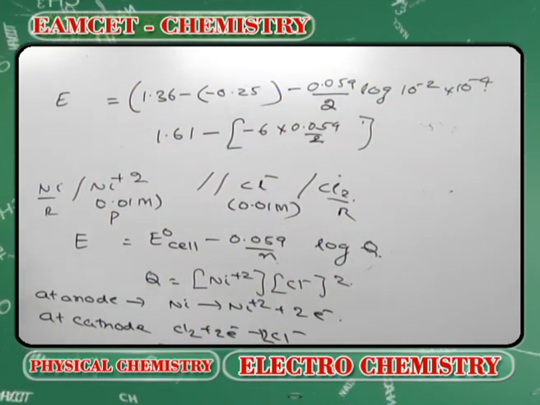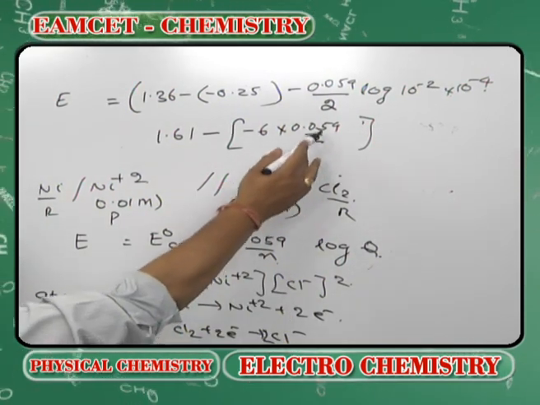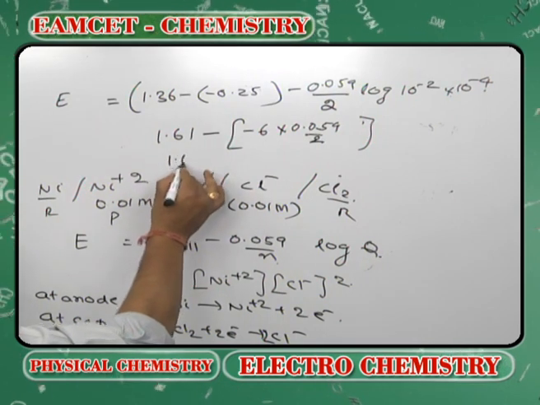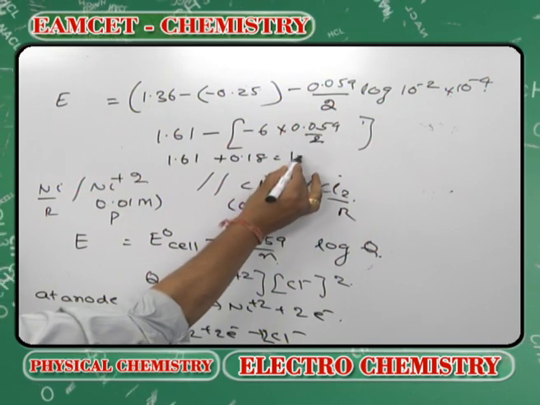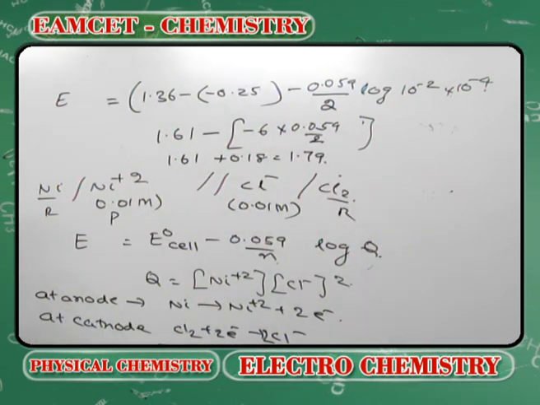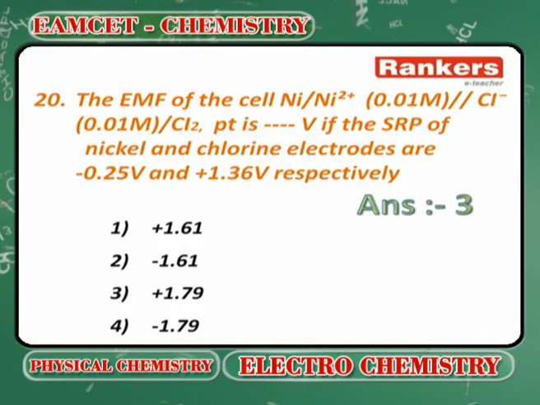If you take approximately 1.61 plus 0.18, it will be equal to 1.79. Option 3 is the answer.